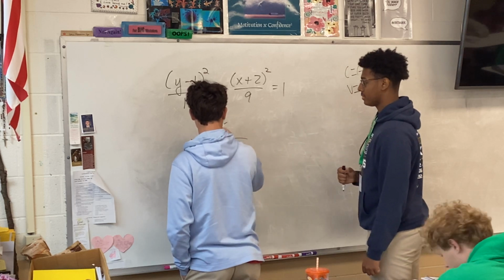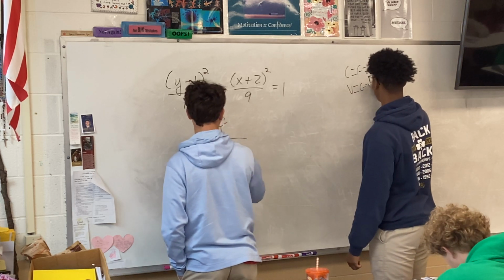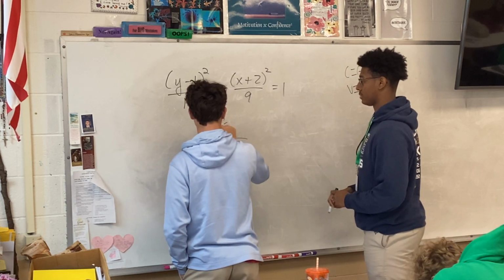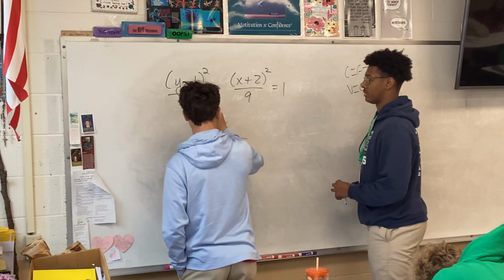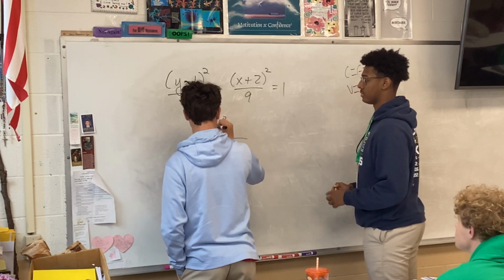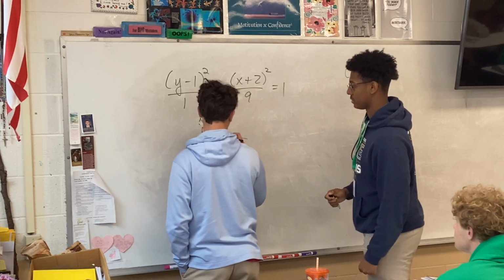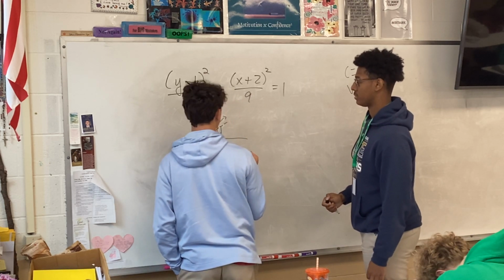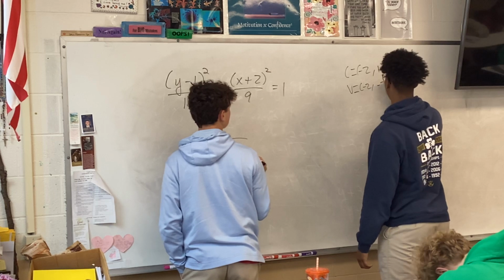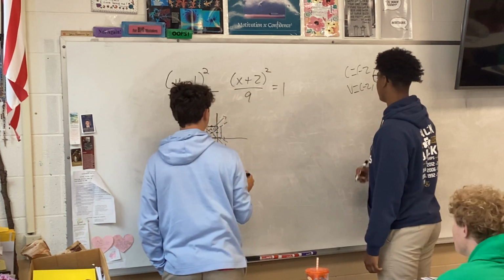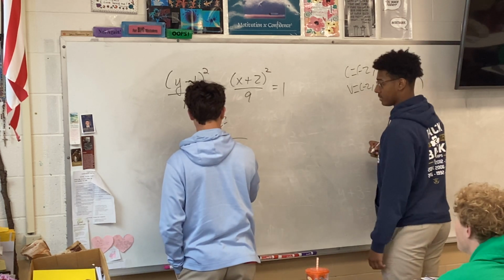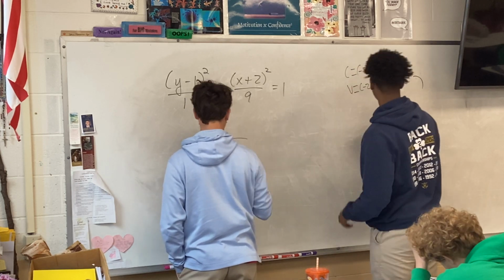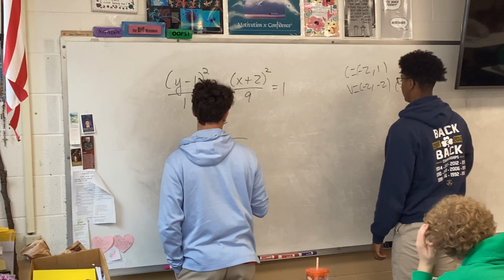You doing this, Diego? And the points for that are... Where'd you guys put your center? Negative 2, 2. Where'd you put your center? Oh, there it is, I'm sorry. Good, center looks good. Negative 2, 0.